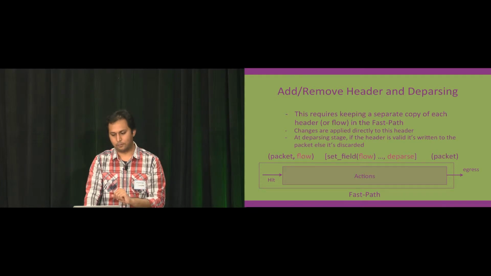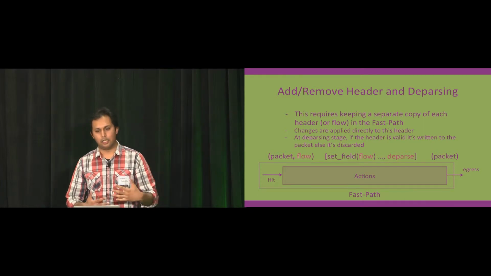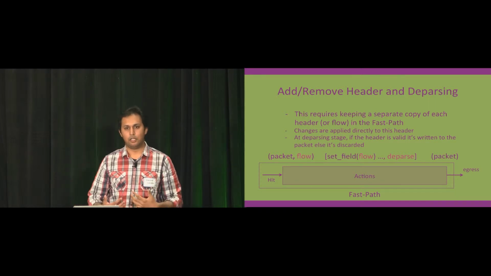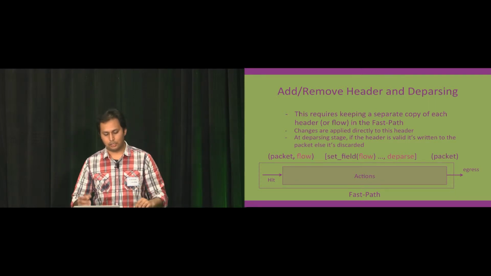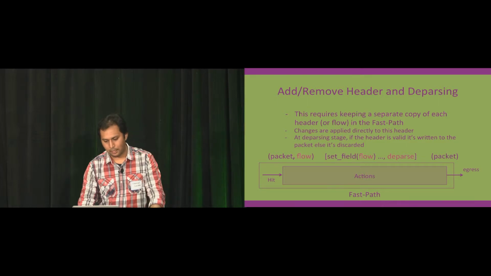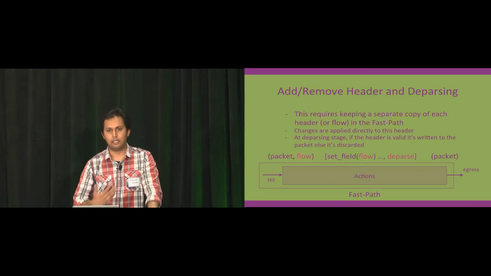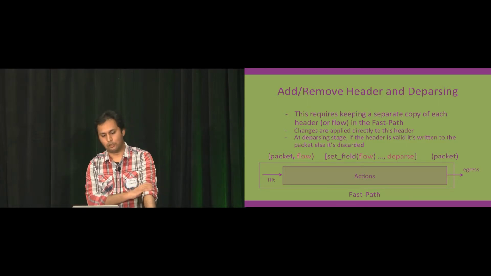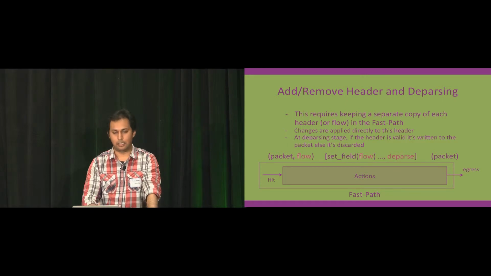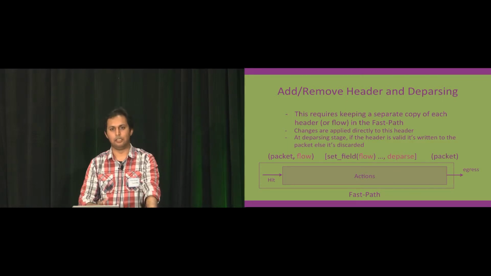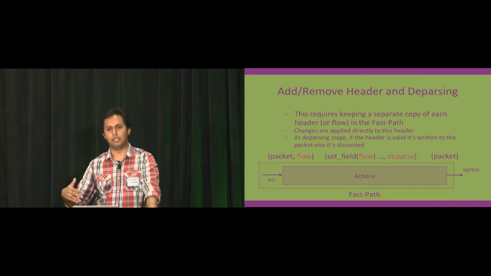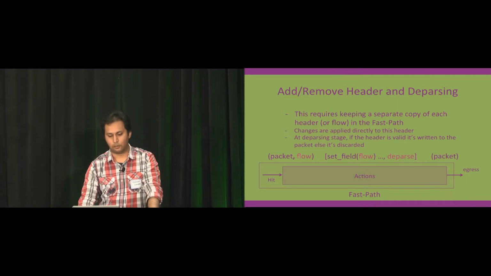So using this, we were actually able to add support for arbitrary addition and removal of headers. There is a canonical example in P4, which is mtag encapsulation and decapsulation. So those kinds of things become easier and can now be done by the pipeline itself, rather than using special Ethernet interfaces like for Geneve or VXLAN and things like that.